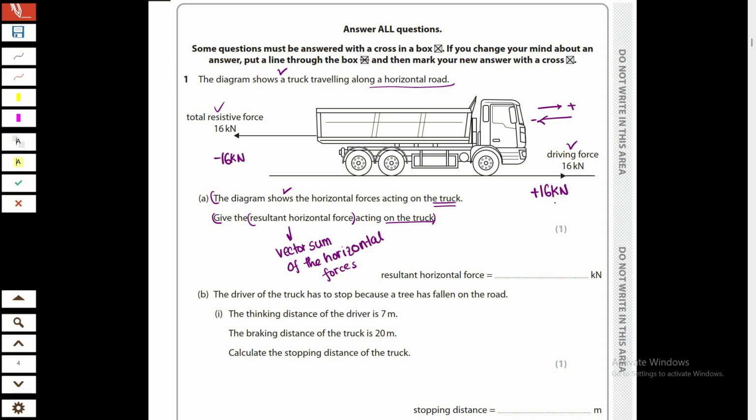Now when I add these forces together, considering the directions, I get the resultant horizontal force. Positive 16 kilonewton plus negative 16 kilonewton gives us 0 kilonewton. So the resultant horizontal force is basically 0.